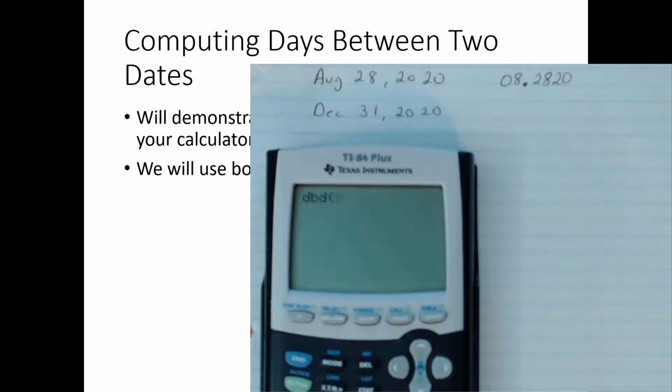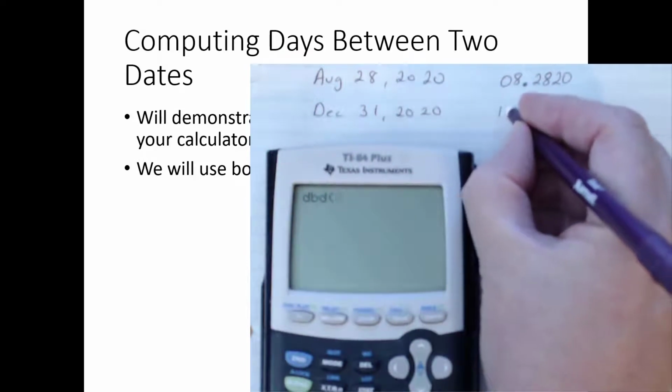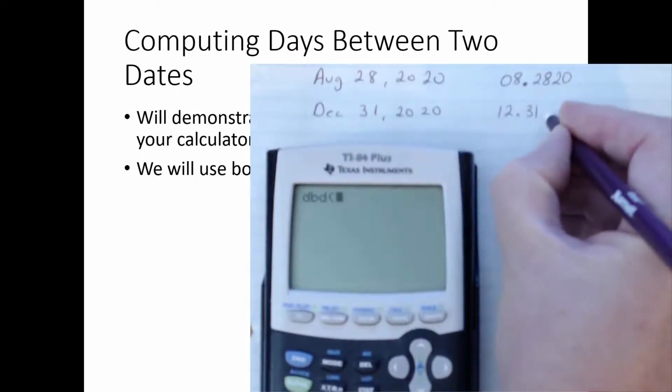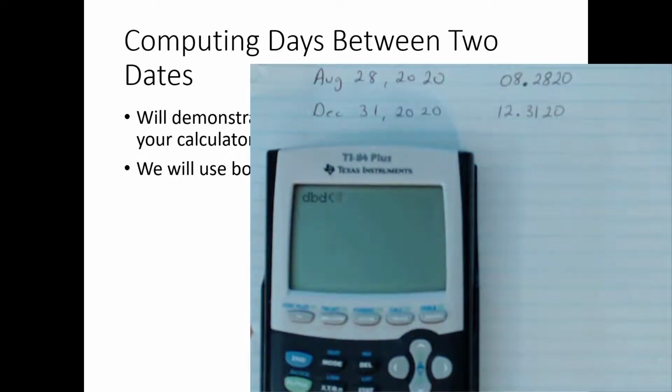Calculators do not like numbers with two decimal spots. So 08 decimal 2820. December is the 12th month, so it's 12.3120. Note I'm giving everything two numbers, okay? That's important.